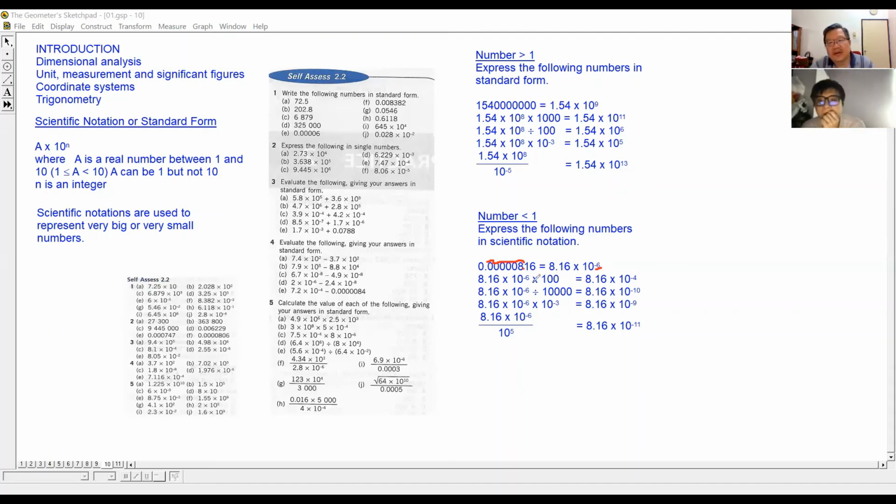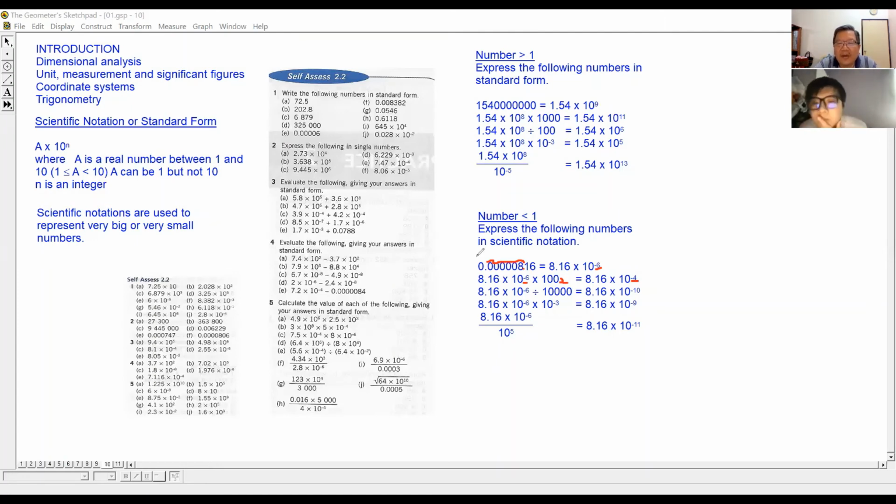Multiplication means you add the indices together. So negative 6 plus the 2 here, there's a 10 to the power 2 here, plus 2 will be negative 4. Okay?